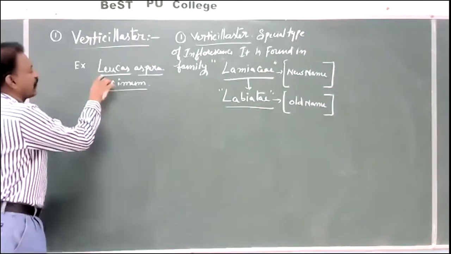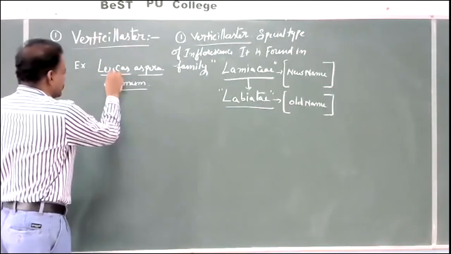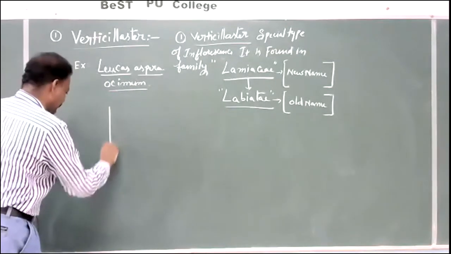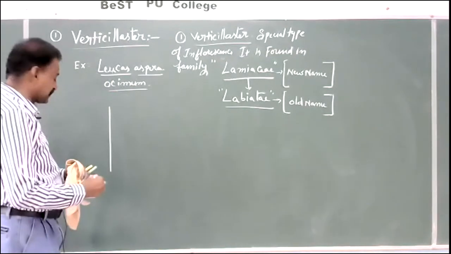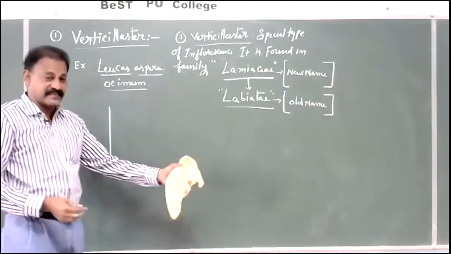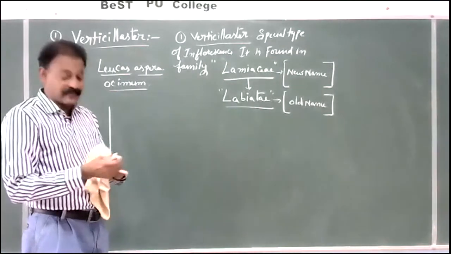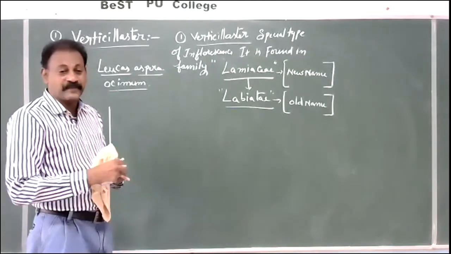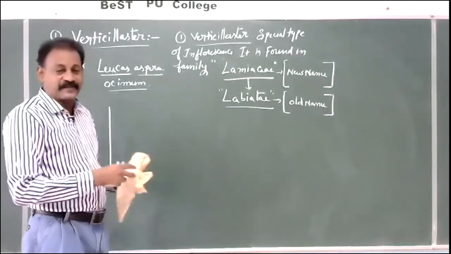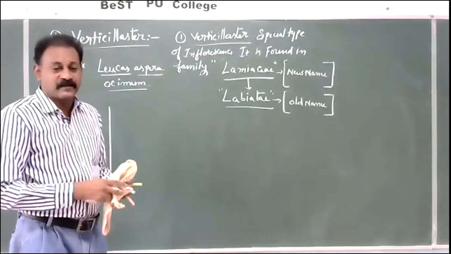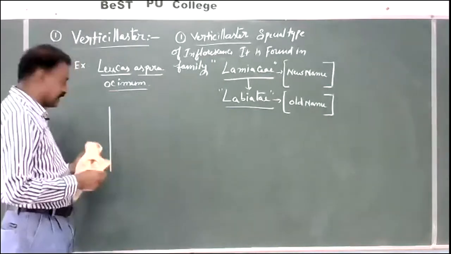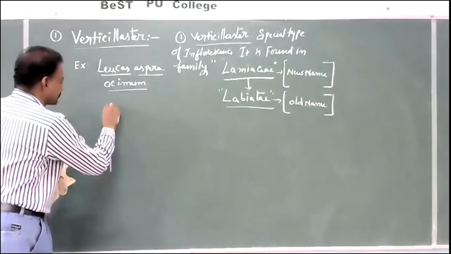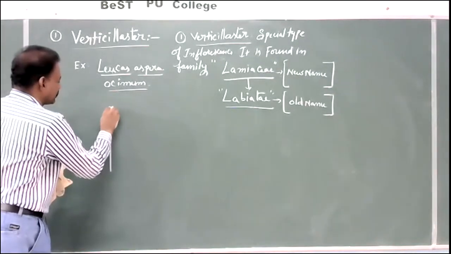In Leucas, for example, is a plant you might have seen everywhere, especially recently for Ganesh Chaturthi among the patri. It is a type of patri which is offered as prayer to Lord Ganesha, and it is found everywhere. It consists of structures like this.